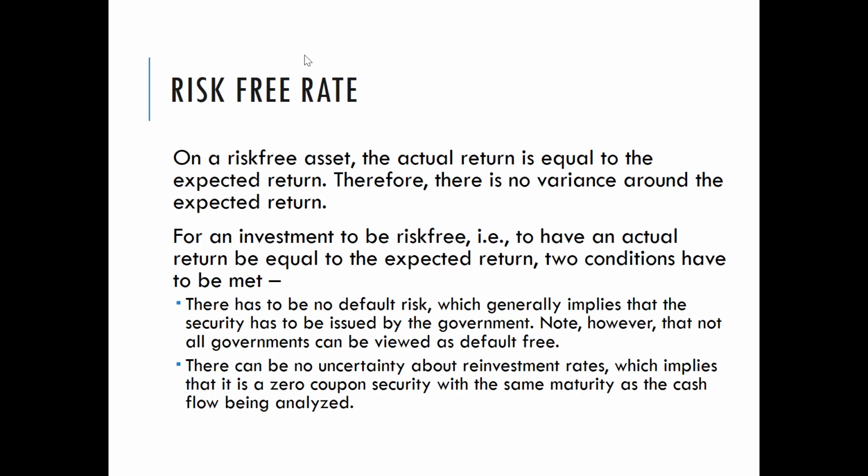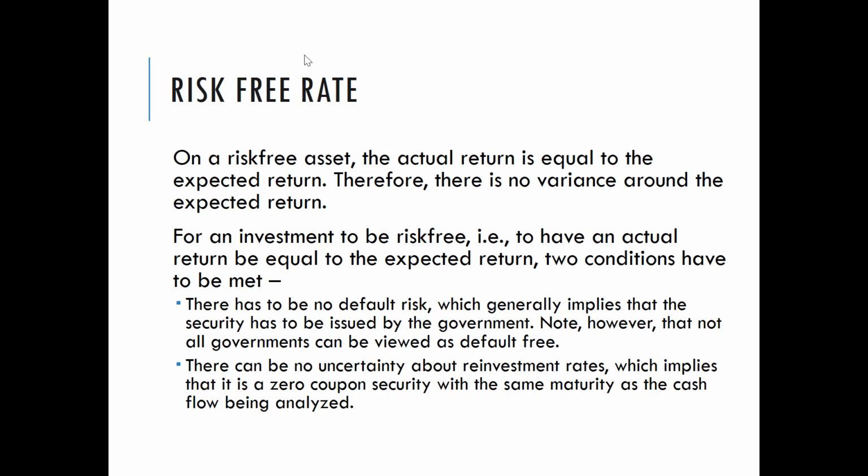So for the risk-free rate, effectively what we're trying to figure out is a risk-free asset and the return that we would be able to get from it. A risk-free asset is essentially an asset where the return has no variance. So we know exactly what we're going to get. If we invest in this asset, we know we're going to get 3 or 4%. So there are no risks associated with it.